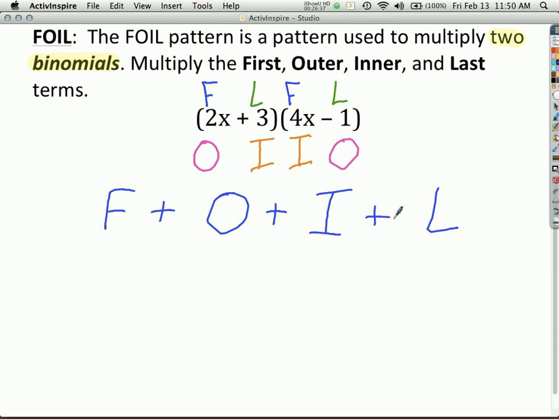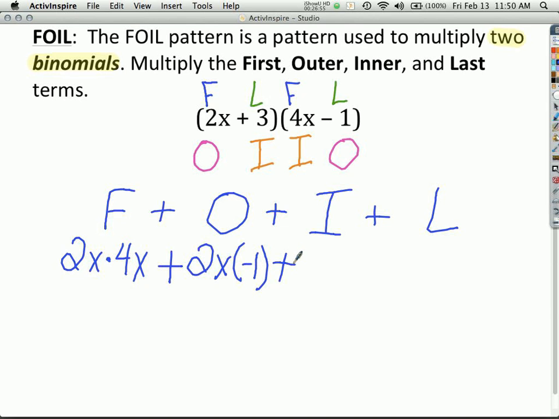So we take the F's and multiply them together. So it's going to be 2x times 4x. And then we take the O's and multiply them together. And so that's going to be plus, see the plus? 2x times negative 1 plus the inner 3 times 4x plus the L's, the 3 times the negative 1.